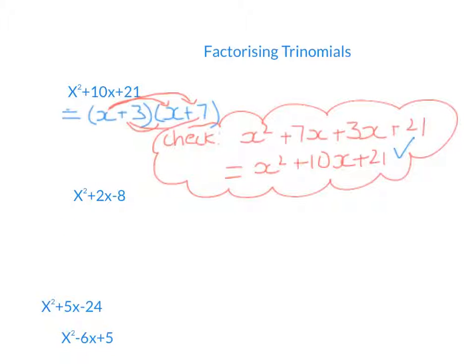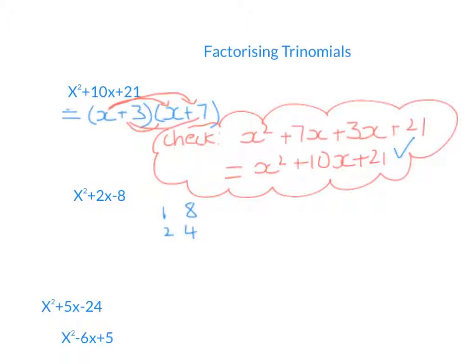For this question, I want 2 numbers that multiply to give me negative 8 and add to give me 2. For this I'm going to write the factors out. So I've got 1 times 8, I've got 2 times 4. I need one of them to be positive and one of them to be negative, because if I'm going to multiply them together and get a negative answer, I need a positive times a negative, and I need them to add to make 2.